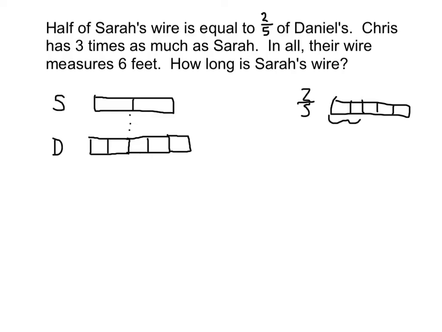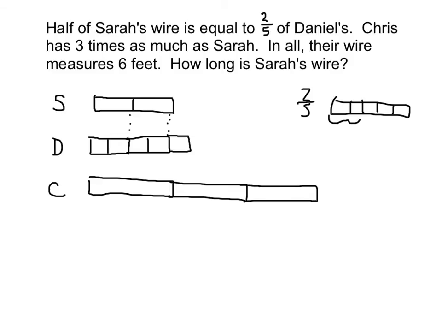Another 2/5 comes to the end of Sarah's, and then we have one of those fifths sticking out on the end. Chris has 3 times as much as Sarah. Here's Chris. So he has 1, and 2, and 3. And to make those parts equal, let's go back.